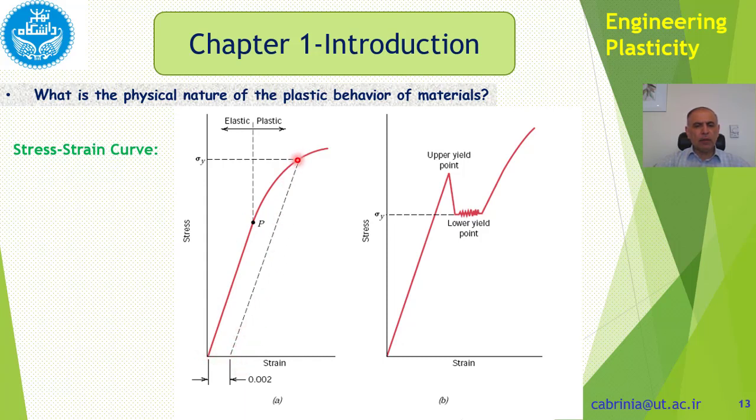Wherever it intersects this curve, we say this is sigma y. This is the yield point. That's how we determine the yield points for the materials which do not have a distinguished yield point like this.